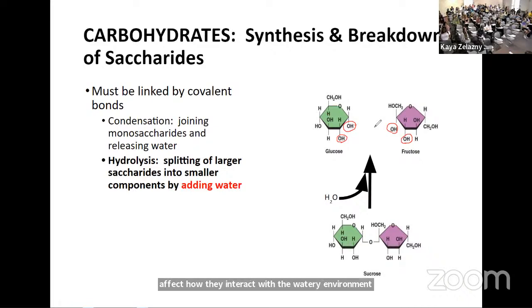And as we eventually start to think about the composition of our cell membrane, the fact that we have this little bit of polarity is going to affect how they can and can't travel across that membrane. That's an important thing to start to pay attention to as we go through these different types of molecules.